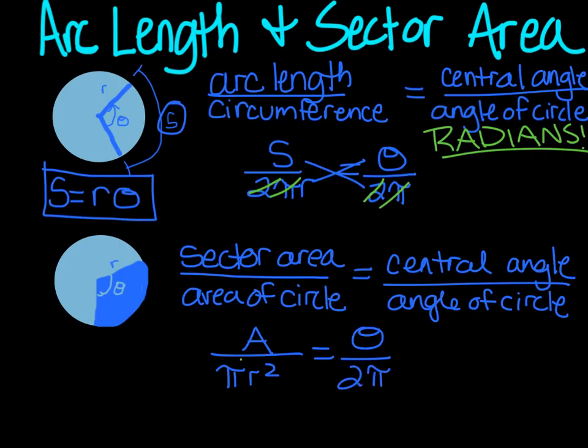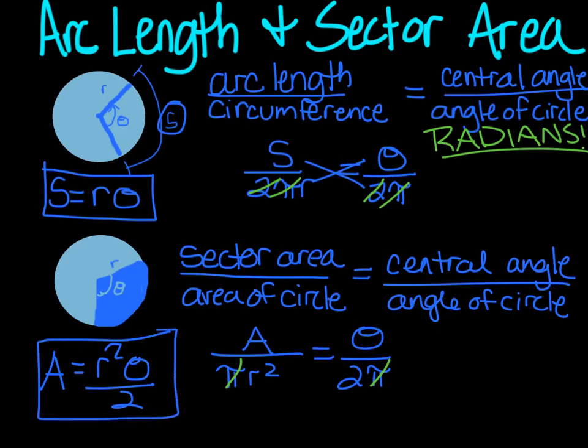This time only pi can cancel out, and when we cross multiply, we get A equals r squared theta over 2. And so that's a very simple formula you can use as long as you're using radians.